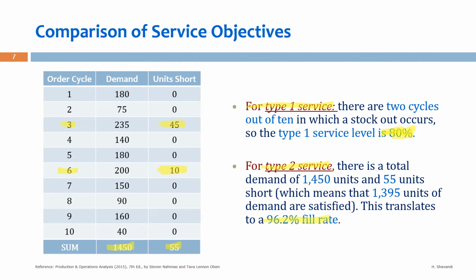This means that 96.2% of the demand has been satisfied from stock, and so this shows our fill rate or type 2 service level. So as you see here, these two service levels are completely different and have different influence on the company's policies and strategies. Okay.